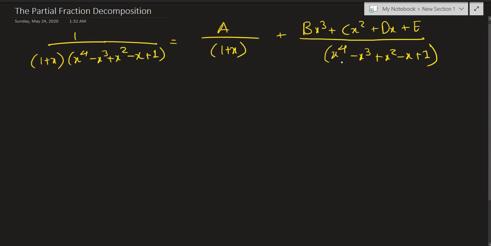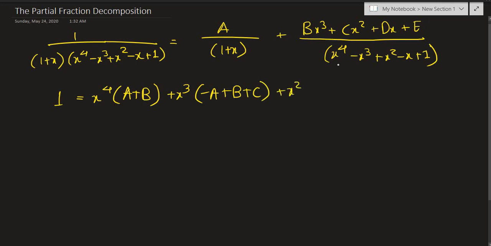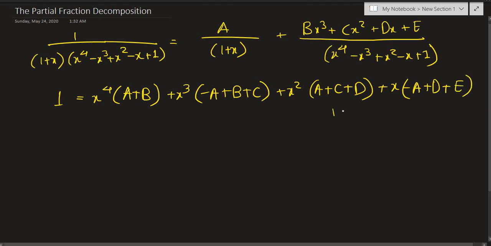When you cross multiply everything on the right hand side and then cancel the common denominators from the left and the right, you end up with 1 equals x to the fourth times (A plus B), plus x cubed times (negative A plus B plus C), plus x squared times (A plus C plus D), plus x times (negative A plus D plus E), plus A plus E as the constant term.